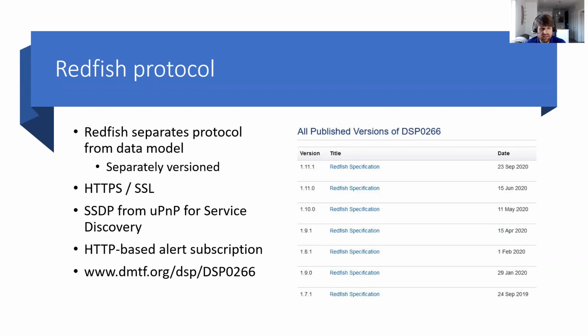It's used a lot in printers and Windows devices. Redfish uses, or the protocol uses HTTP-based alert subscription. And I've included the link of where you can find the Redfish protocol.